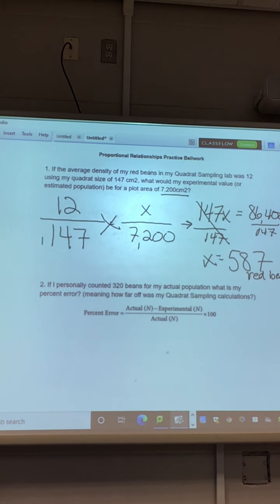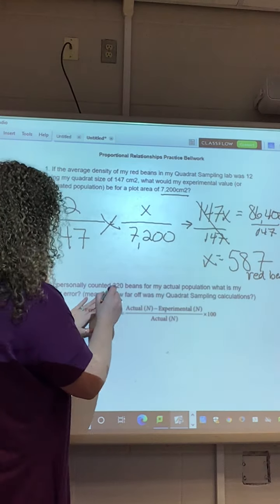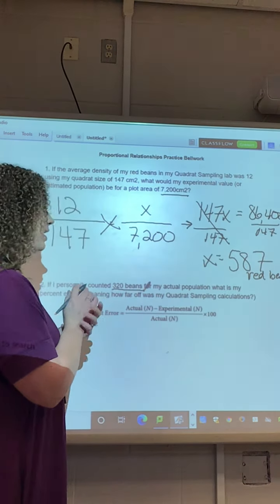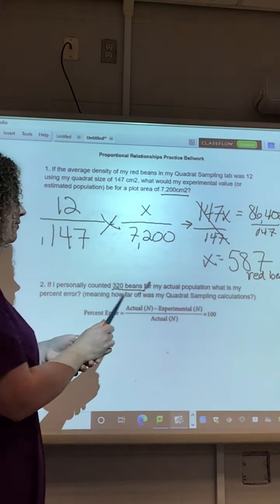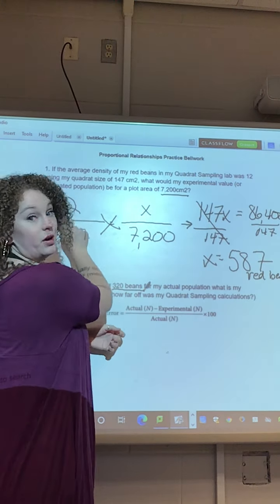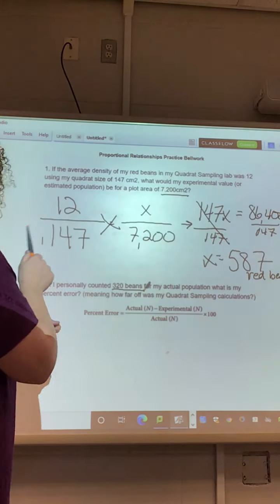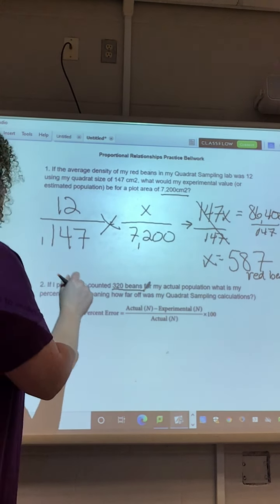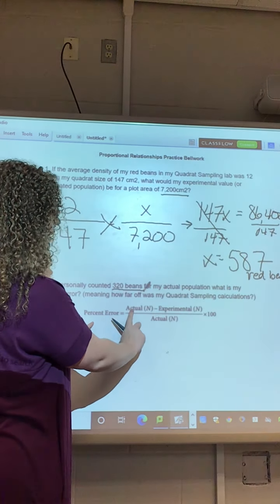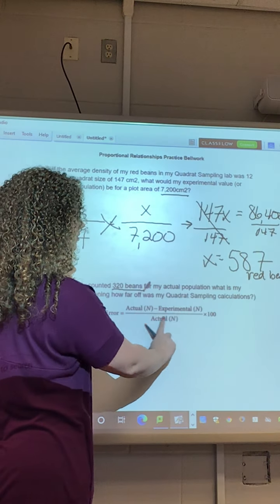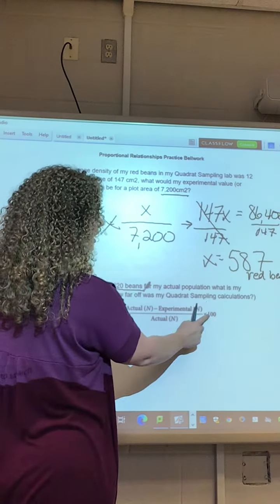So let's say, if I personally counted 320 beans for my actual population, what is my percent error? Meaning, how far off was this sample? Okay, so this is my formula. Percent error is actual minus experimental divided by actual times 100.